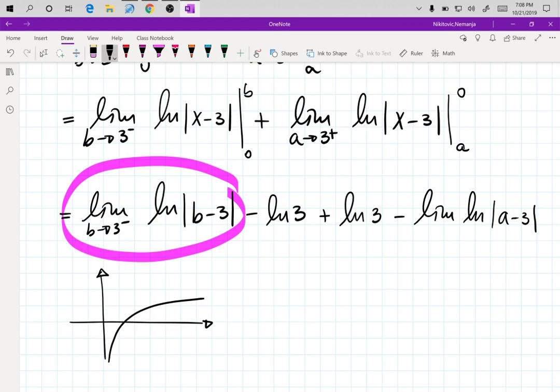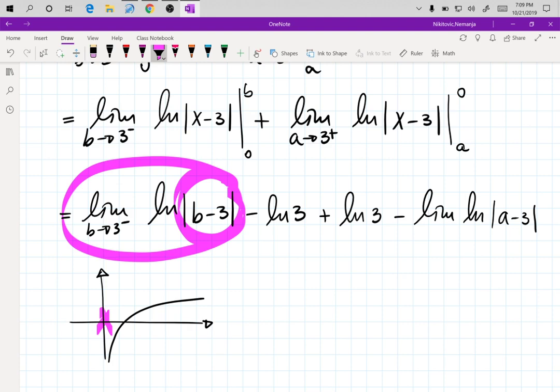So inside this bubble, I have b minus 3. When I plug in b is 3, 3 minus 3 is 0. I'm getting ln of 0, which is right there, as the y value has negative infinity.